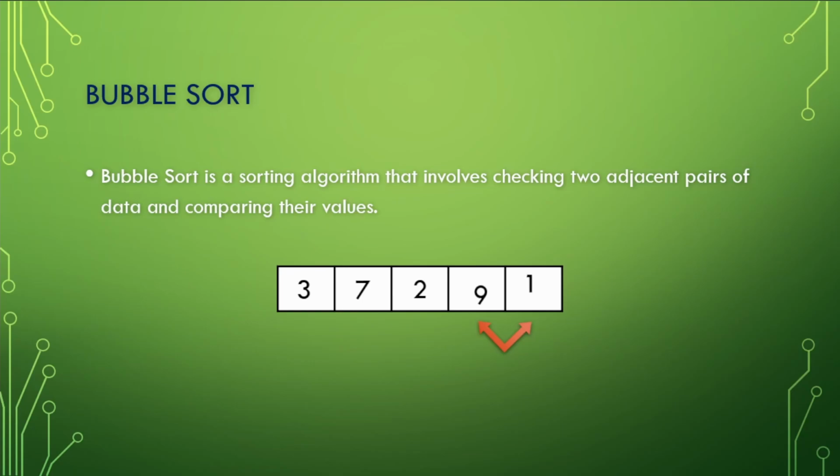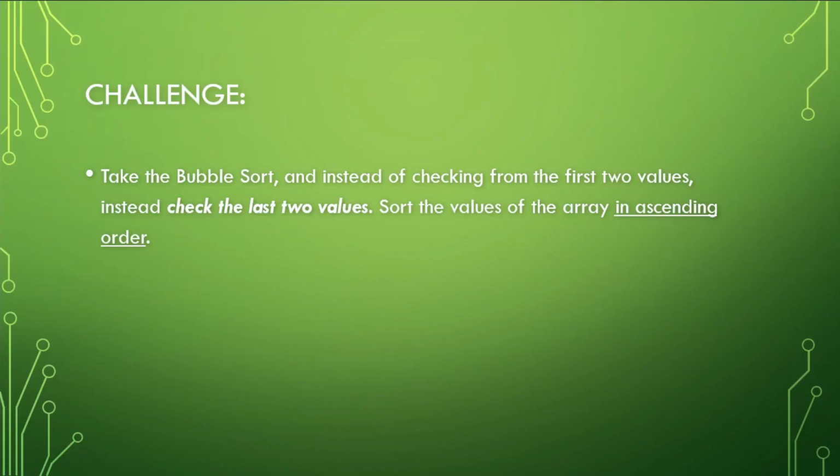So what I would like you to do is, instead of checking the first two values, go from the last two values and go from right to left. It's a fun coding challenge, so that you can actually get a better idea of how these sorting algorithms work and how to declare your loops correctly, so that it sorts the array quickly and efficiently.